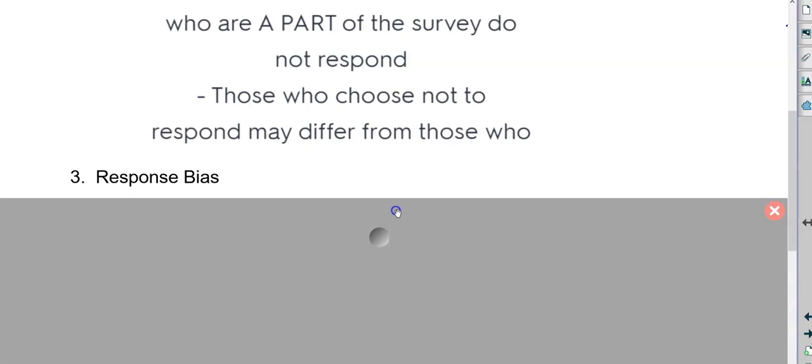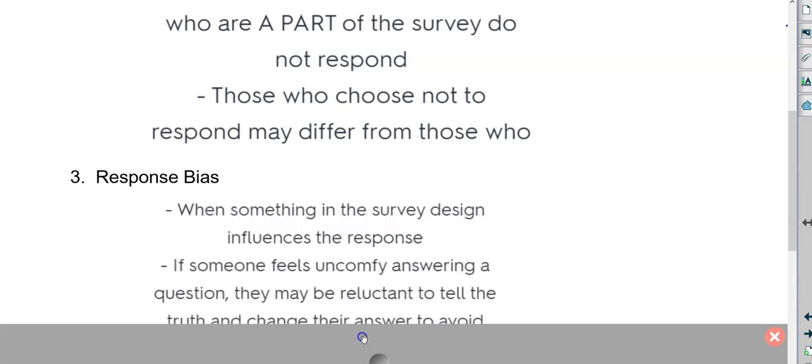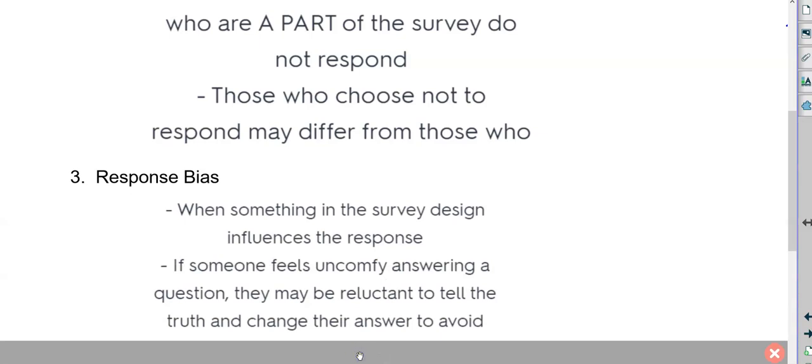So response bias. So this is, you feel uncomfortable answering a question. So like, let's say I went up to one of you and I said, hey, have you taken drugs in the last week? You know, are you on drugs?